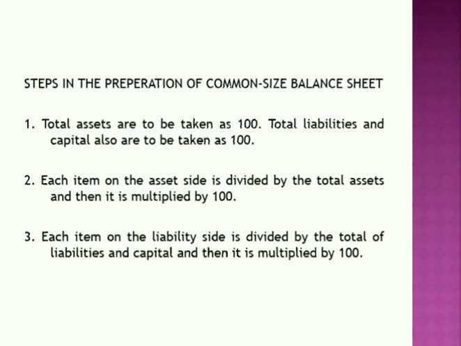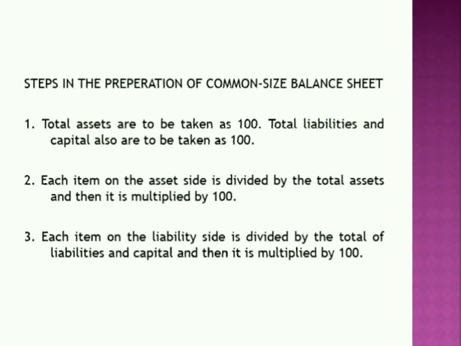These are the important steps involved in preparing the common size balance sheet. In the first step, the total assets are to be taken as 100, and similarly the total liabilities and capital are also to be taken as 100. In the second step, each item on the asset side is divided by the total assets and then multiplied by 100, and thus each item of the asset is expressed as a percentage of total assets.